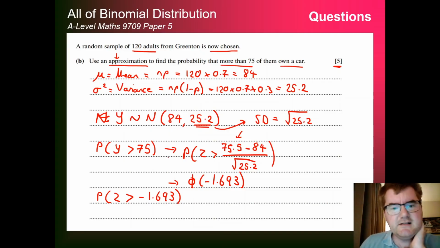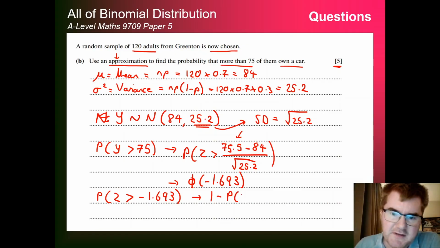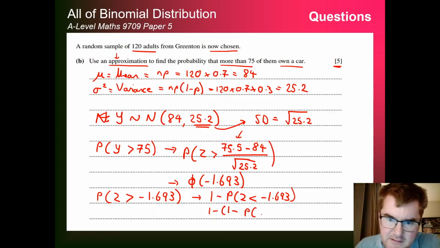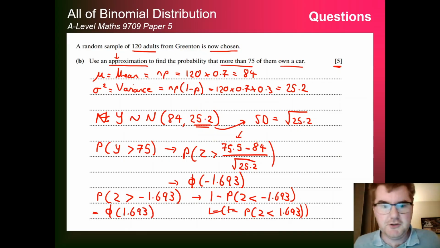Now we've got a greater than sign and we've got a negative, so they kind of, bad maths, cancel each other out, but essentially it would be 1 minus, if I wrote this out properly, z less than 1.693, and to change the minus we do 1 minus again, so we do 1 minus the probability of z is less than 1.693, which has the effect of these cancelling, and so what we actually need to work out here is 1.693 on our normal distribution table.